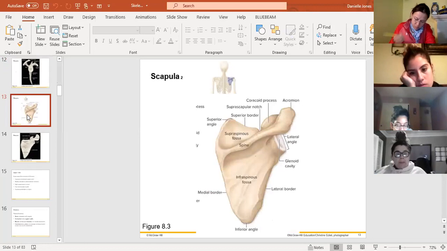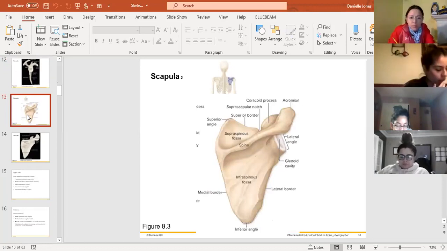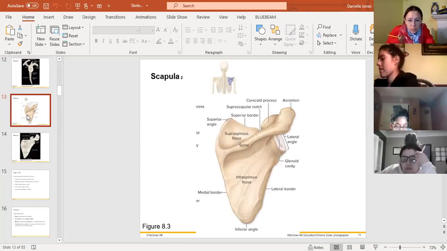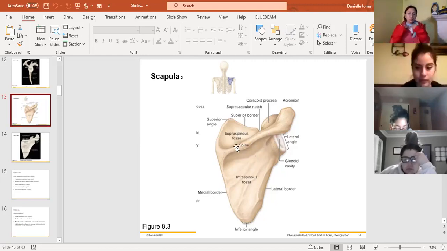All right, posterior side. Now here's the posterior side again. We see that spine. That's a real critical landmark piece to be able to locate. Can't locate it, that means you're probably on the anterior side. Here's the posterior side again, spine. The spine is a big structure to tell us where the next two structures are. Supra means superior.